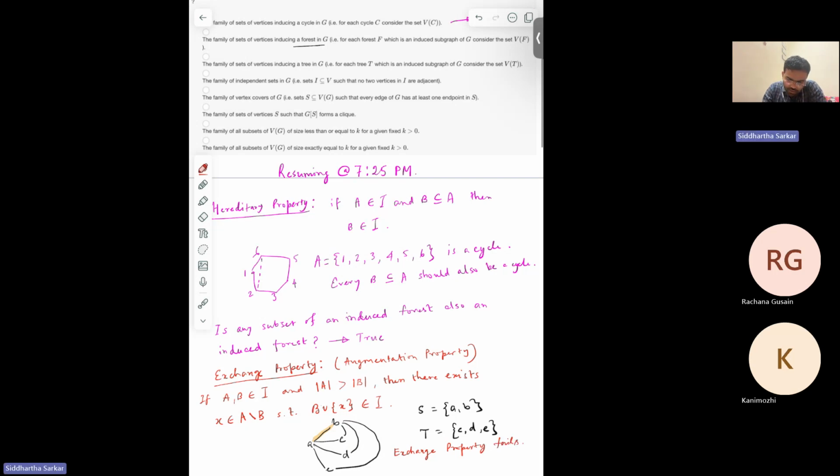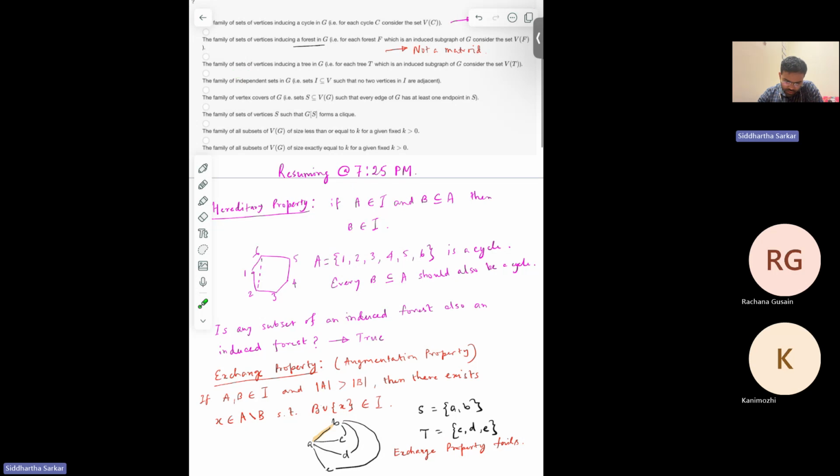So we will say that this family is not a matroid. Are there any doubts on this? If this is clear, then we can move to the next question.